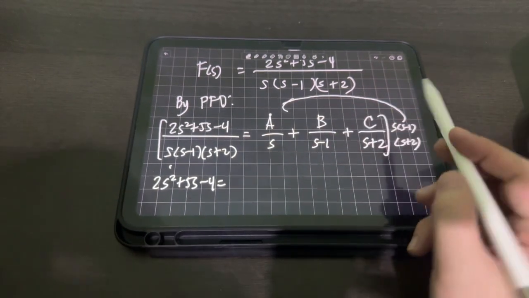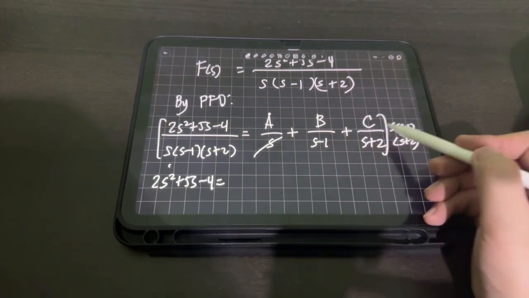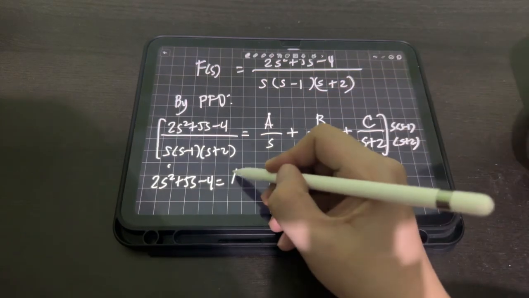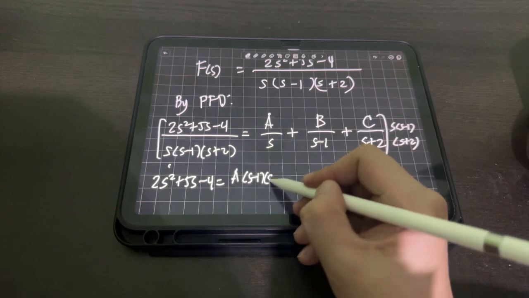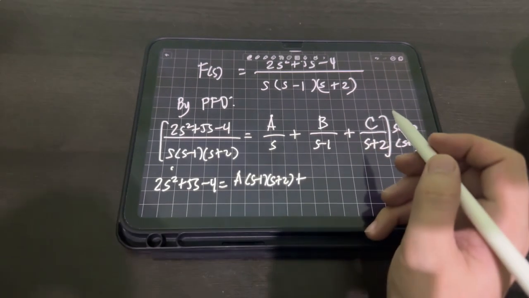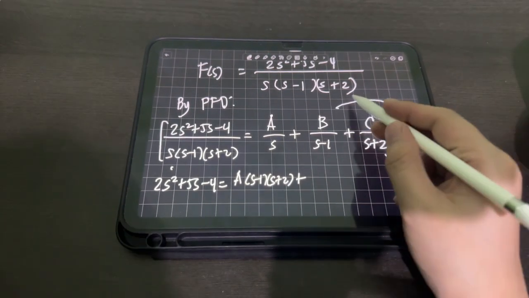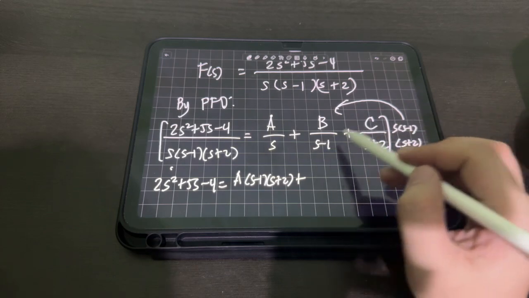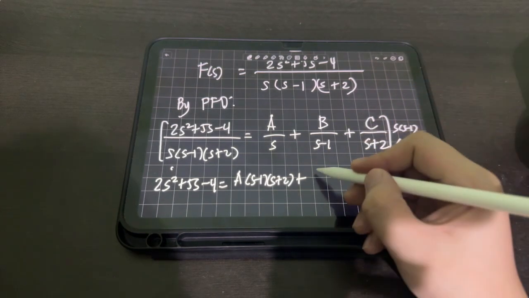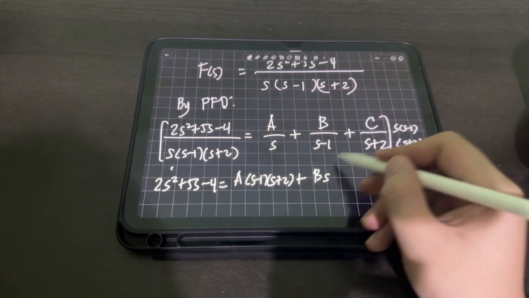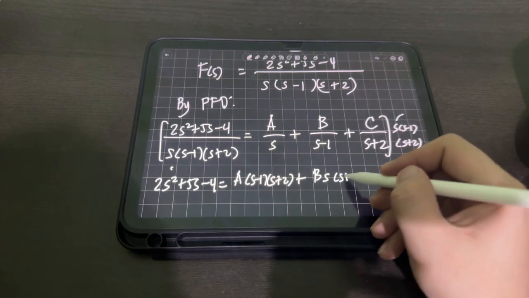For A over S, we can cancel out the S. We just have A times S minus 1 times S plus 2. For B over S minus 1 multiplied by the LCD, we can cancel out S minus 1. We have B times S and S plus 2.